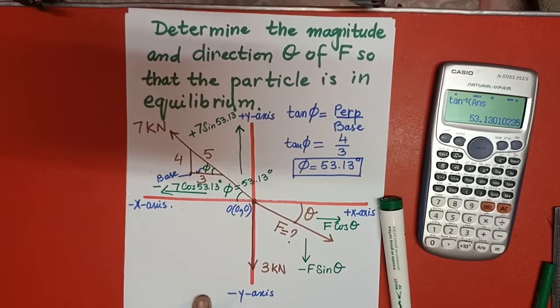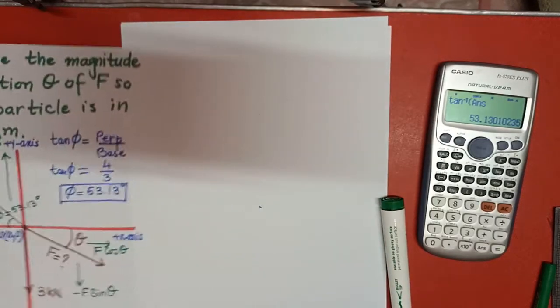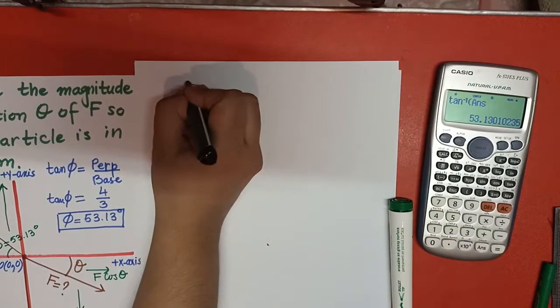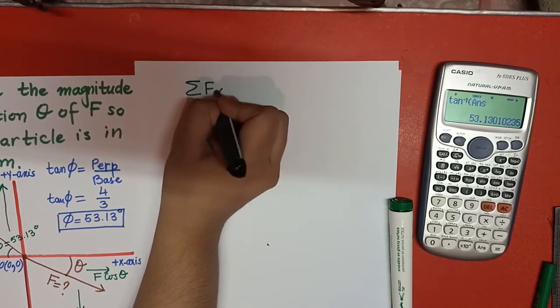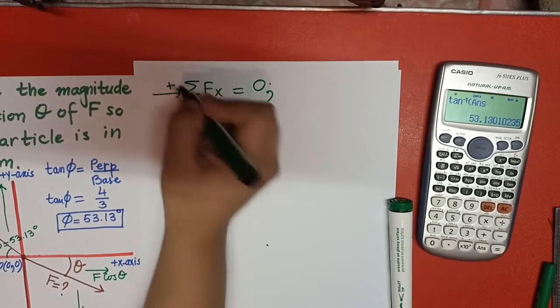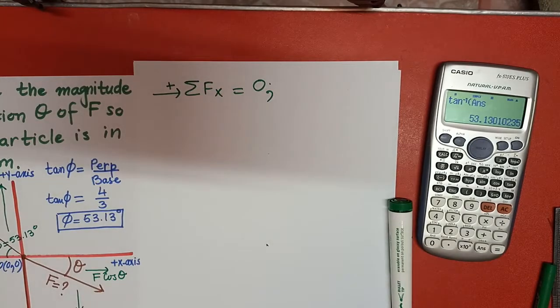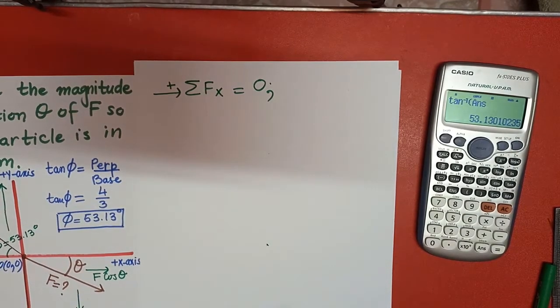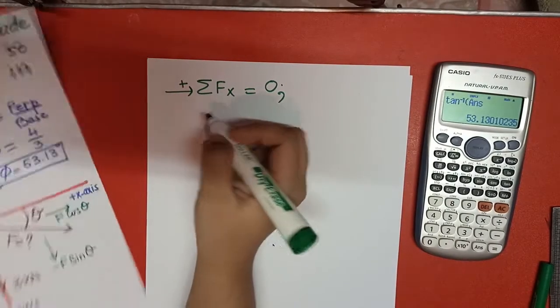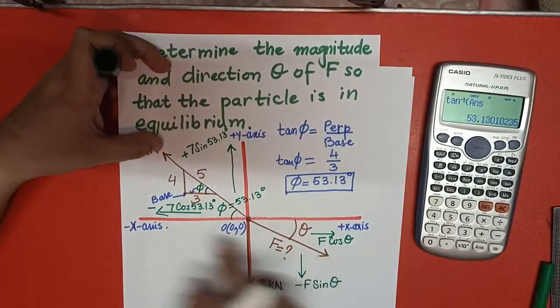First, we have to sum up all the horizontal forces. Summation of Fx is equal to 0. The positive direction is the positive x-axis, and I have to write down all the positive and negative x-axis components. There are only two forces: F cos theta, and minus 7 cos 53.13.